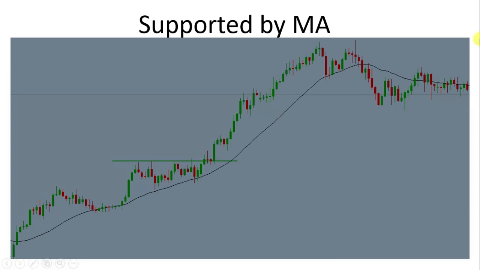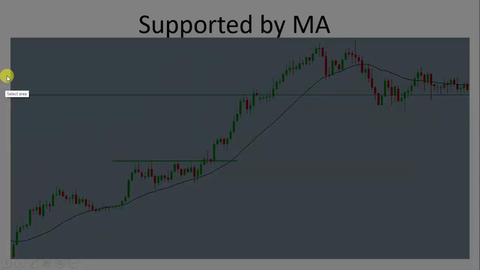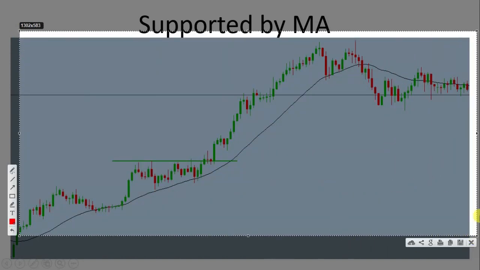And here I have another slide about moving average, supported by moving average. See, as soon as the market hit this level, it got support from that moving average.